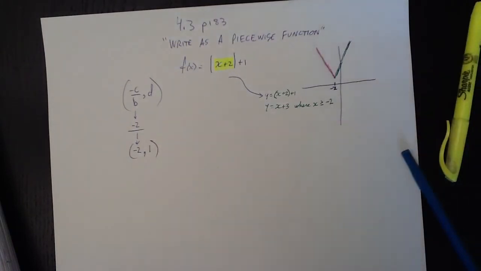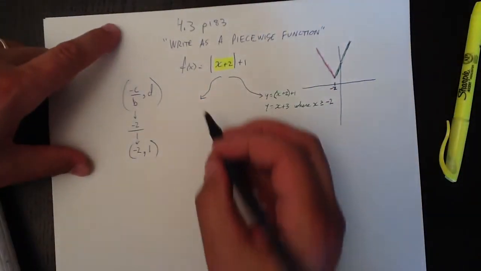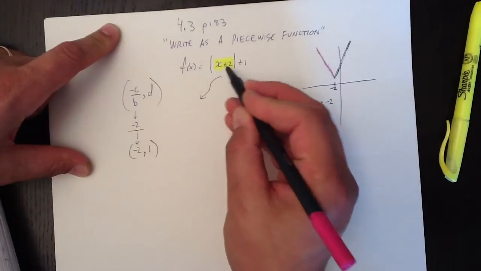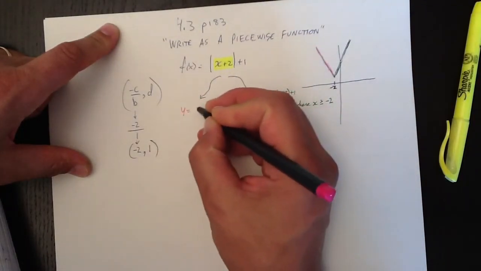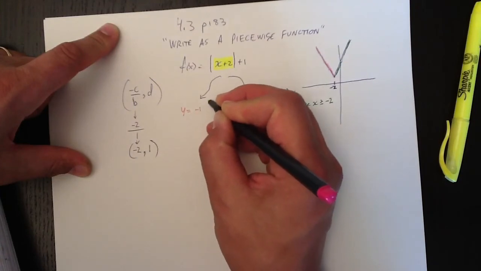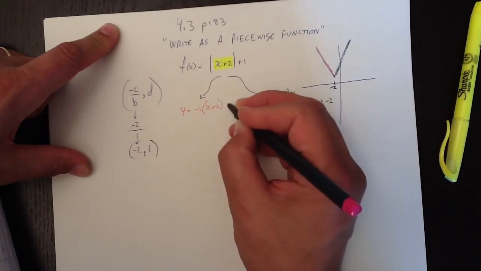The pink side, let's work on the pink side here. The pink side, I'm going to multiply this junk here by negative 1. So y equals negative 1 times that stuff, x plus 2, and then I add in the 1.